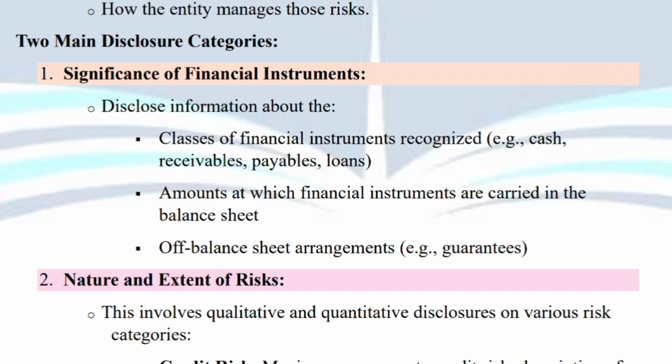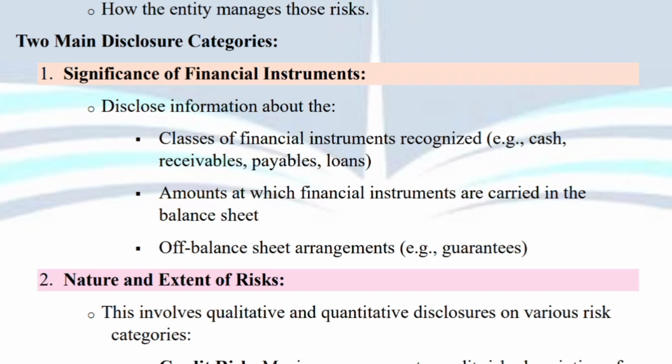The entity must disclose any off-balance sheet arrangements such as guarantees and contingent liabilities, because these are important items that could impact the financial position. So you have to disclose all these things in our financial reporting as part of IFRS 7, in the disclosures of financial instruments.